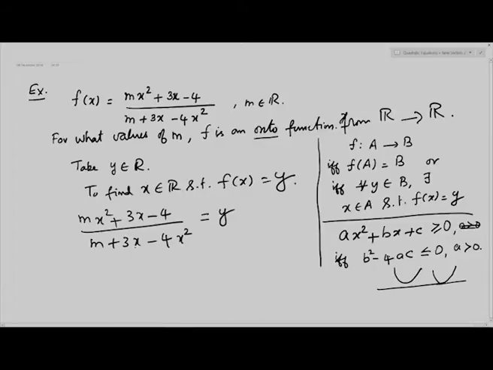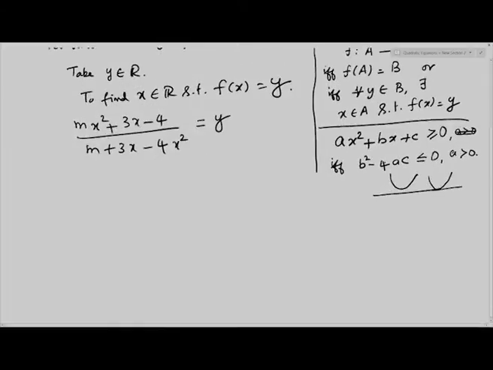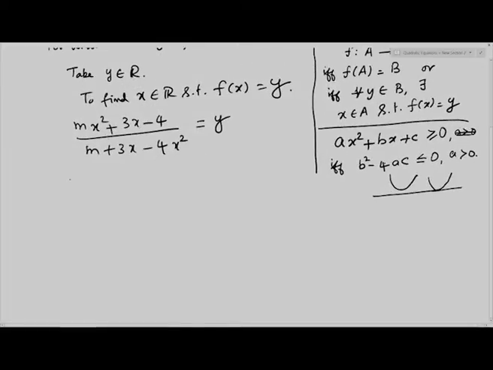We have to find an x satisfying this equation. Let me cross multiply this. If I simplify, I get (m plus 4y) x square plus 3 times (1 minus y) into x minus 4 times (4 plus my) is equal to 0.